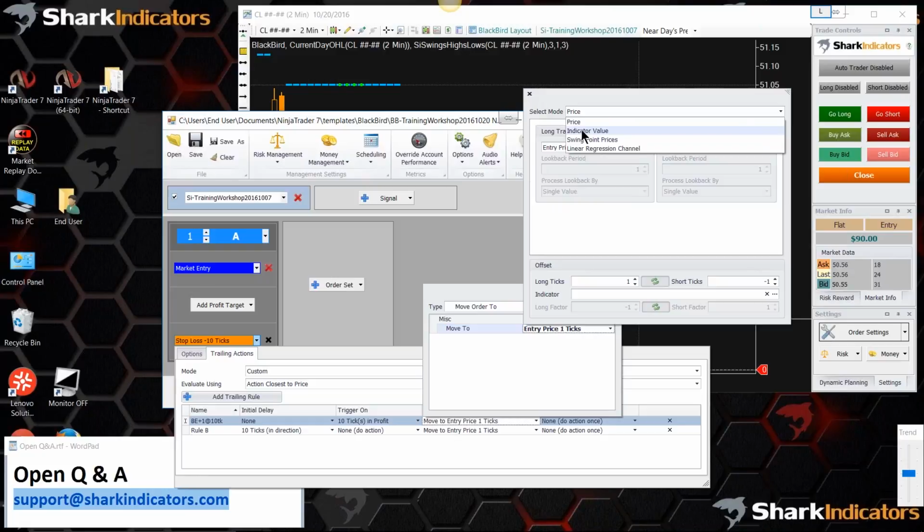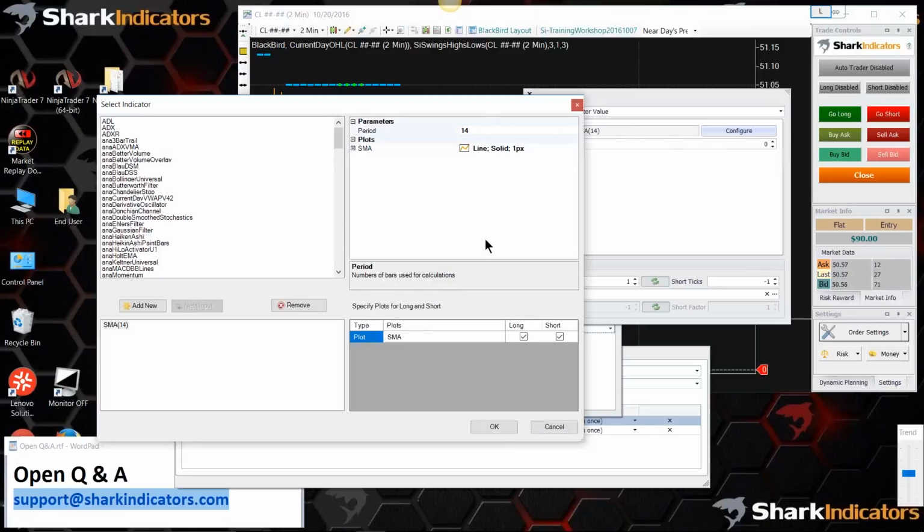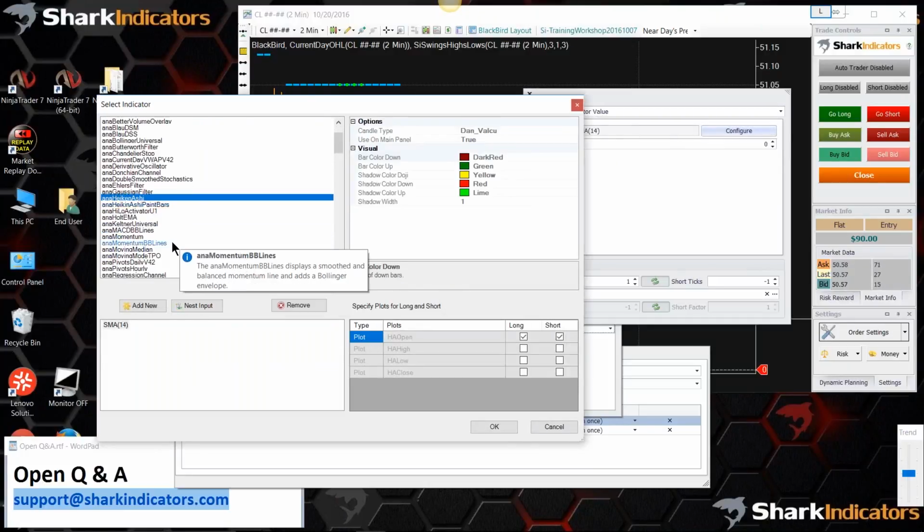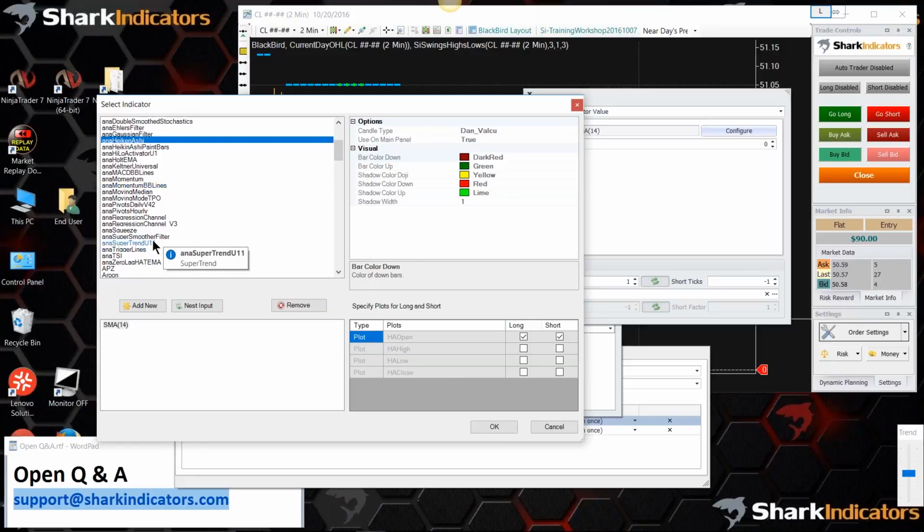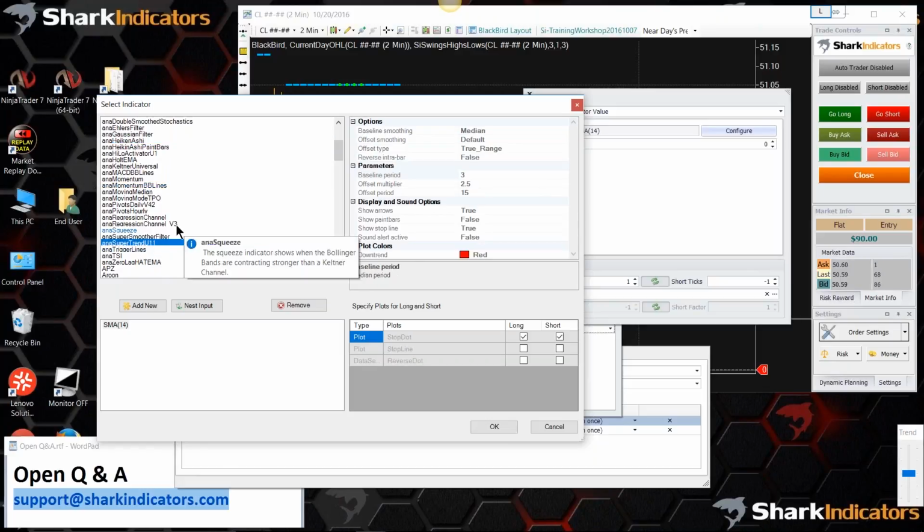Or you could use some kind of indicator value. Move your stop loss to an indicator value, such as a moving average, maybe. You could have your stop loss follow a moving average, or follow the parabolic SAR, or follow the ANA super trend, right?